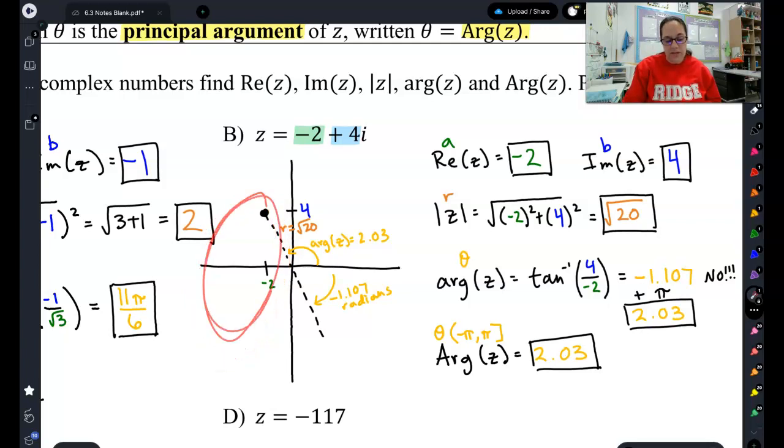And if it's in the second or fourth quadrant, you need to add pi to whatever the calculator gives you. And then finally, for my principal argument, that is between negative pi and positive pi, negative 3.14 and positive 3.14, this angle is in that range. So in this case, my argument is my principal argument. So that was a good example of a calculator problem and being very careful with our calculator.